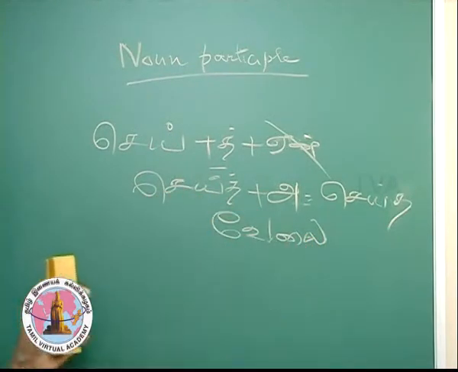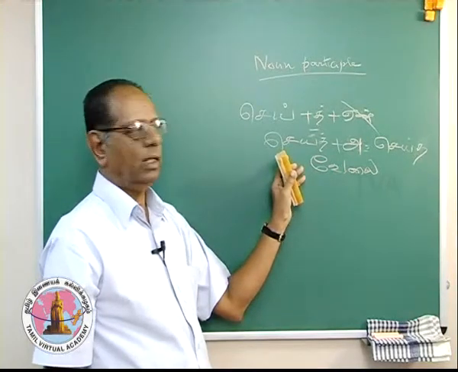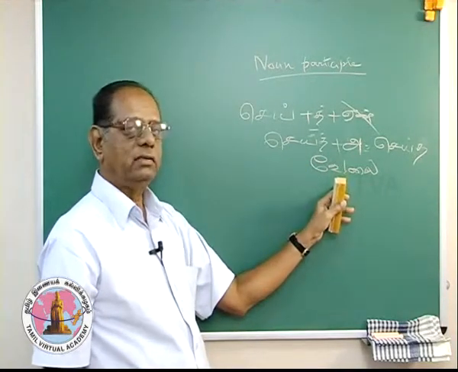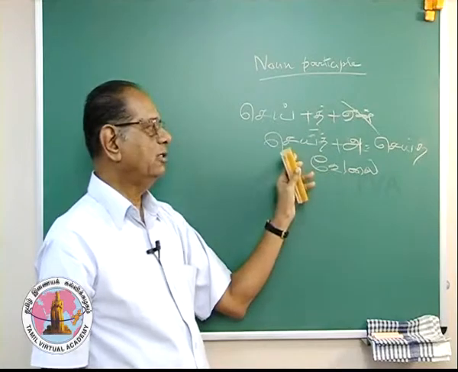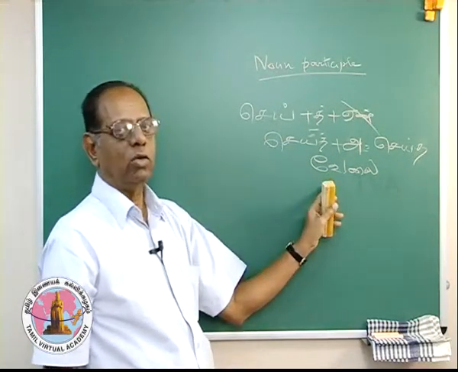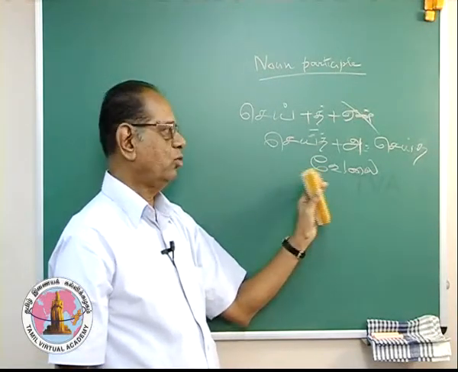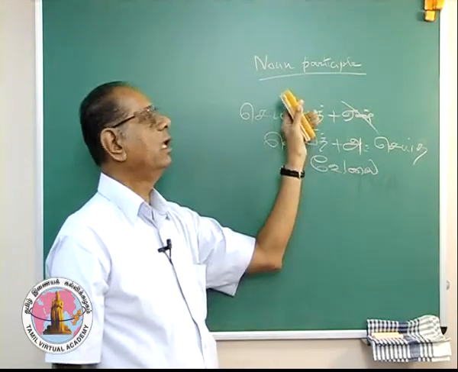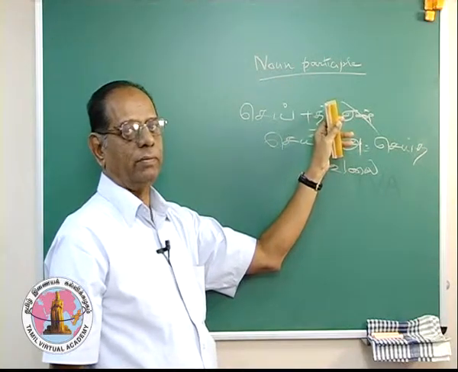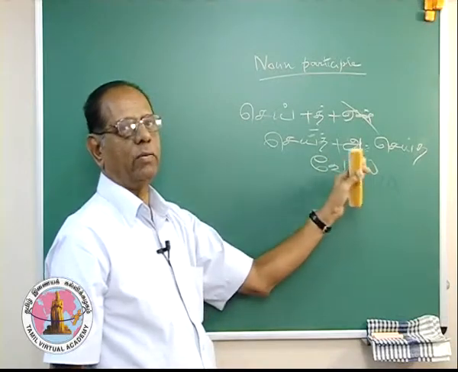Shayda velai, the work that was done. Velai is a noun and this form of verb, Shayda, requires this noun to complete the sense. So naturally this is a noun participle, a form of a verb which requires a noun.